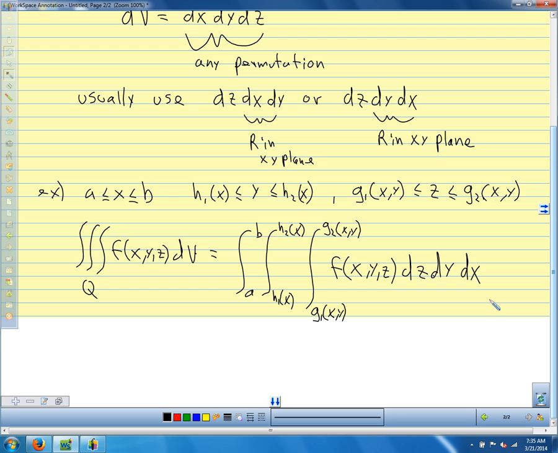And we evaluate each iterated integral by holding the other two variables constant. So our setup is exactly like we've done with double integrals. We just add this third integral inside.